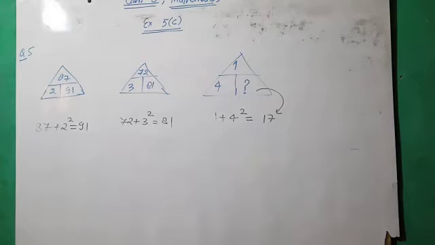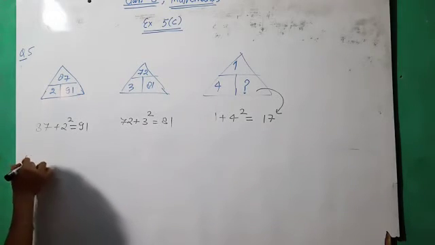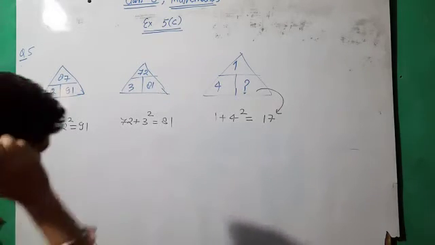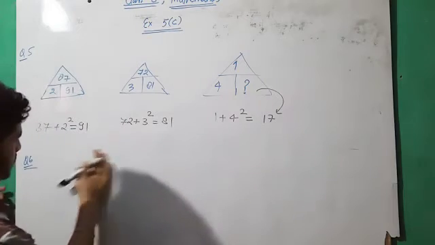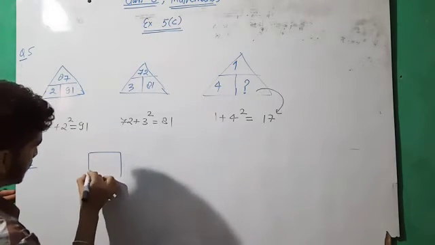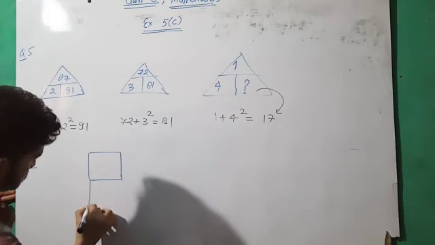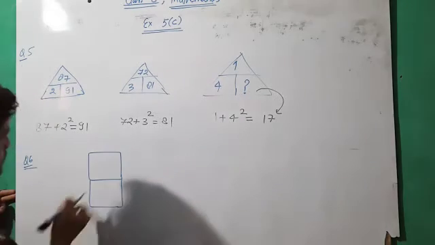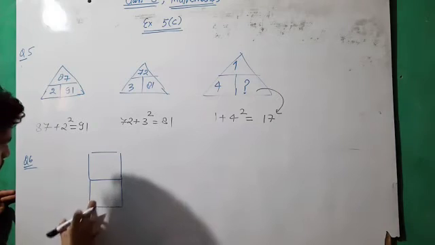Now question number 6. In the digital display, which digit can display all the 10 digits from 0 to 9? Okay, if you are familiar with the digital display, I think the answer is yes. This is the number 8. The digital display of number 8 is like this.